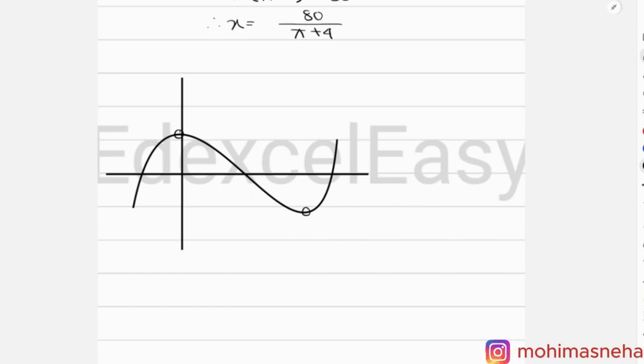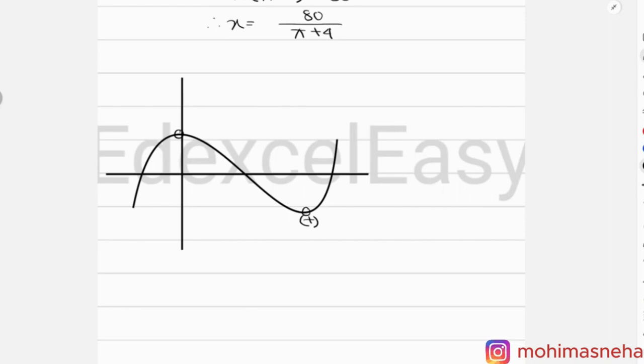After double differentiating, you're going to input the value of x from the first differentiation into the double differentiated equation. And if, using that value for x, your second differentiated equation comes out to be positive, then it is a minimum point.